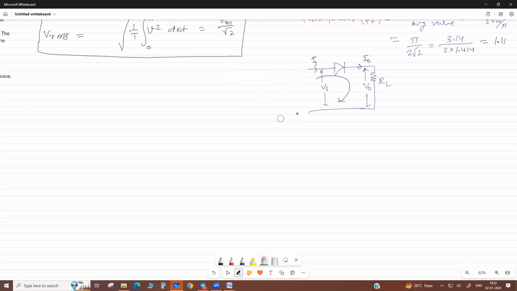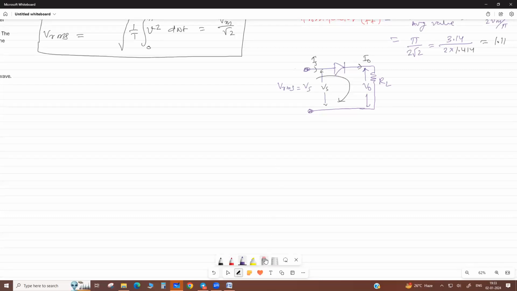Okay, so here is your input voltage. Generally यहाँ पे voltage दिया रहता है. Okay, and if not mentioned, it means the RMS value is given always. Here this voltage is given as the RMS value of this AC, this diode and resistor. Okay, so this is your source voltage.